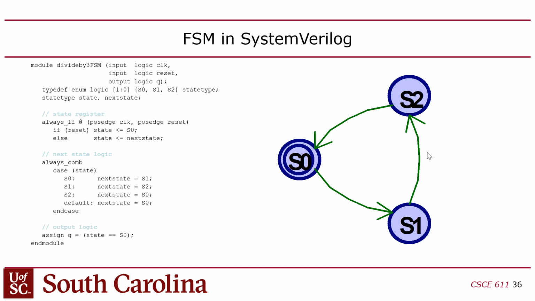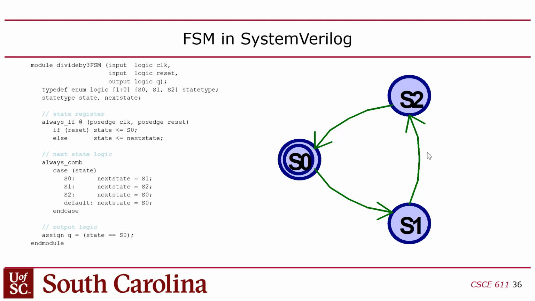Okay, so here's another example. This one is a divide by 3 counter. So this one counts 0, 1, 2, and back to 0. So you can see that we have, in this case, 3 states. All the transitions are unconditional. We have the next state logic that's pretty boilerplate. Basically, if you have a reset signal, you set the state to the reset state. Otherwise, you set the state to be whatever the next state is.